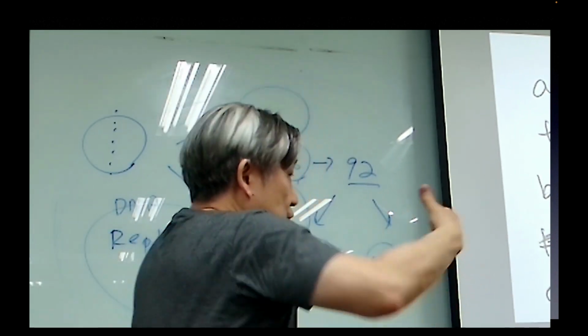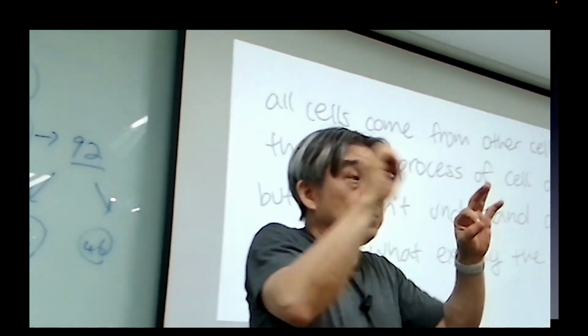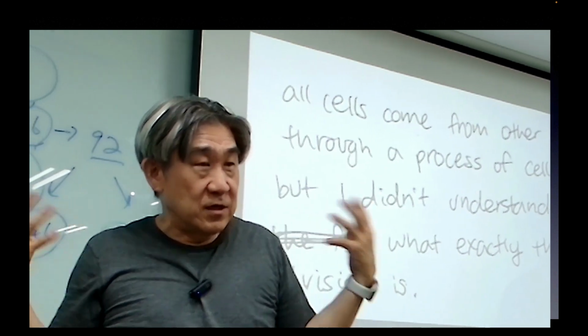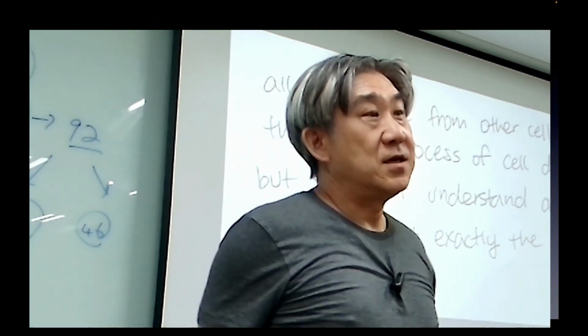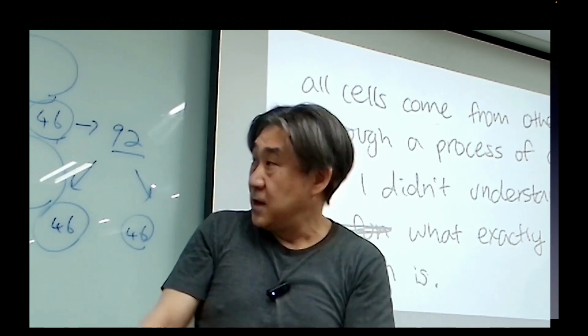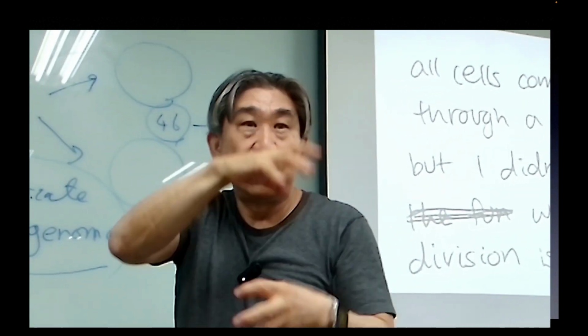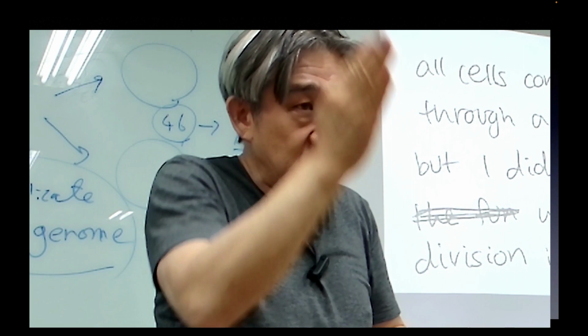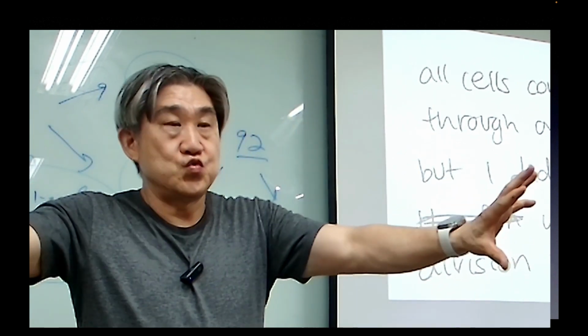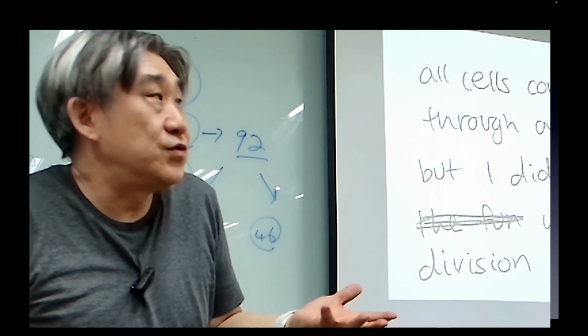One is chromosome duplication, so that the exact same original number of chromosomes can be transferred into two cells. And the other is physical separation, severing your cell surface into two. That's how you do it.